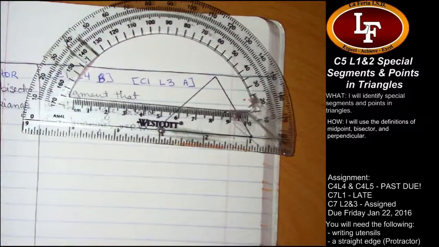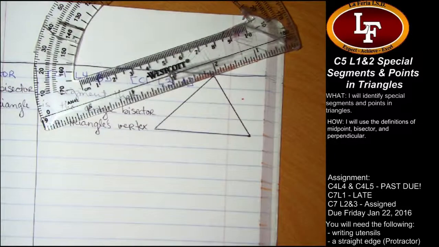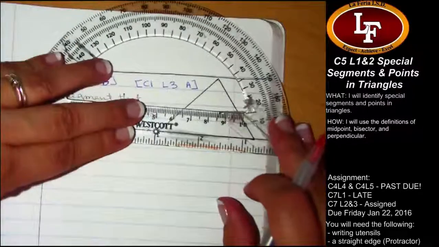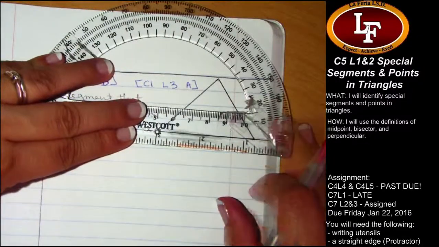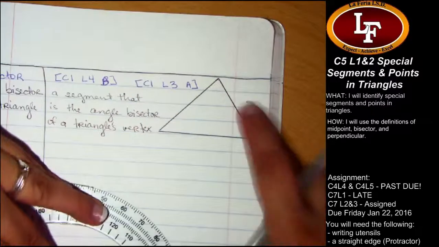You'll have to make sure that you measure your own angle, take the full measurement, divide it by 2, and mark that, because that's the halfway part. We are measuring the angle at one of the vertices of our triangle, just like a normal angle. Pick your vertex, find the measure, divide by 2, and mark where that is.